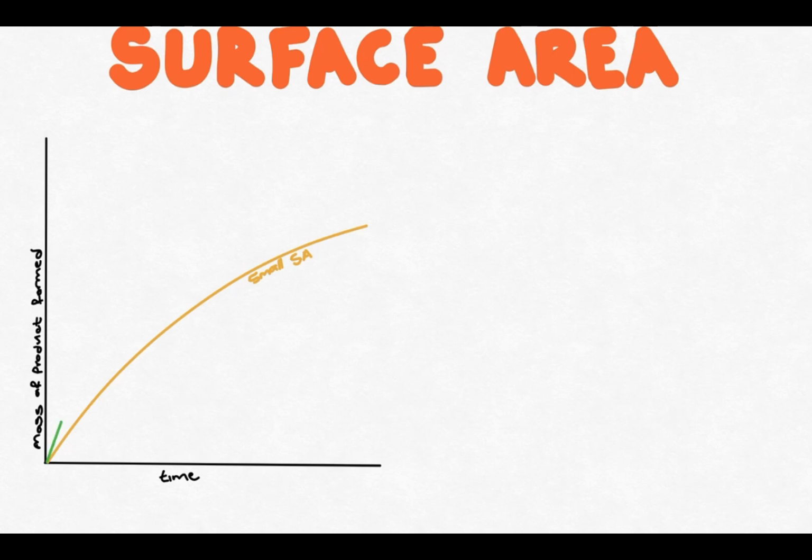But if we increase the surface area by maybe breaking up this lump into smaller bits, then it will have a steeper gradient at the start, it will become horizontal sooner, and it will form the same amount of product, just like in concentration and pressure. So this shows us that increasing the surface area increases the rate of the reaction.